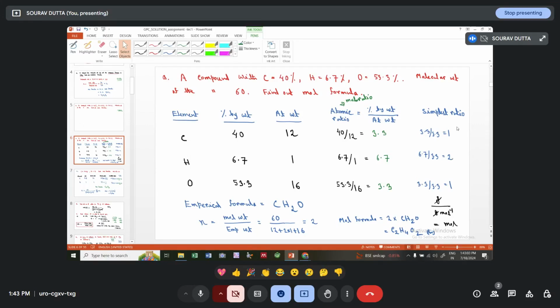So what will be the empirical formula? 1 carbon, 2 hydrogen, and 1 oxygen from the simplest ratio. So the empirical formula will be CH2O.